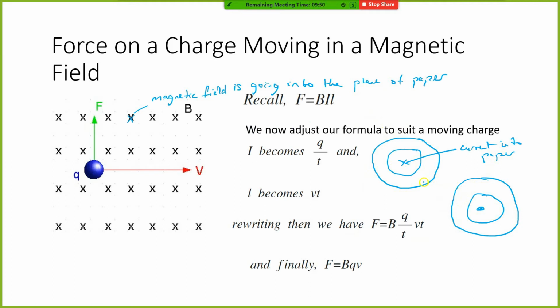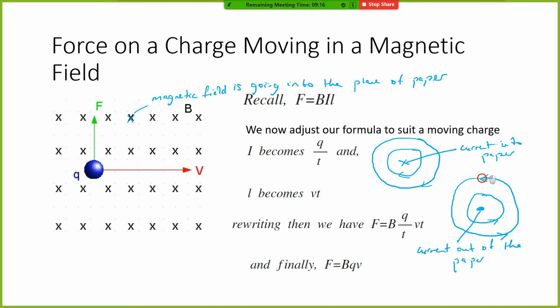Yes, it will be going clockwise. And then with the dot, it will be going anti-clockwise. Precisely, because the dot means that the current is going out of the paper. So anti-clockwise means that the magnetic field around the current-carrying wire will be going like that.